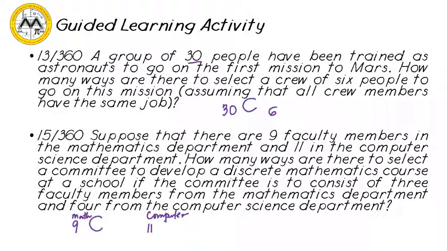So from the faculty members of mathematics, we're going to select 3 and 4 from the computer science department. So that would be 9 combination 3 times 11 combination 4. So please evaluate this.